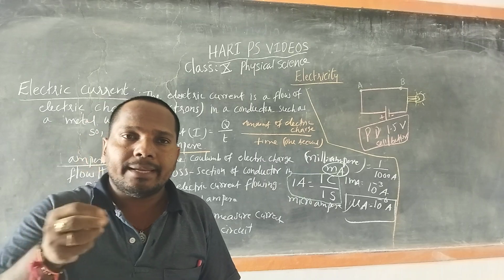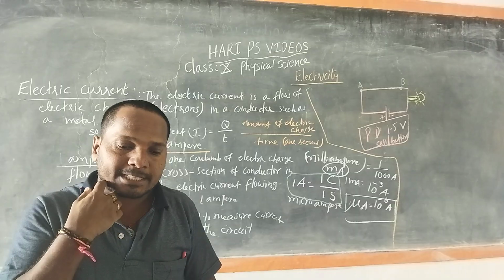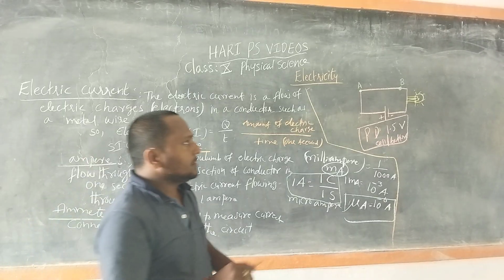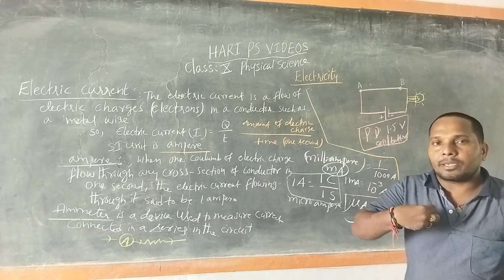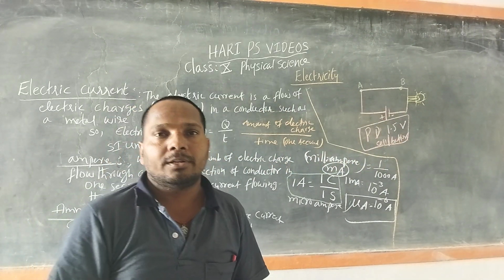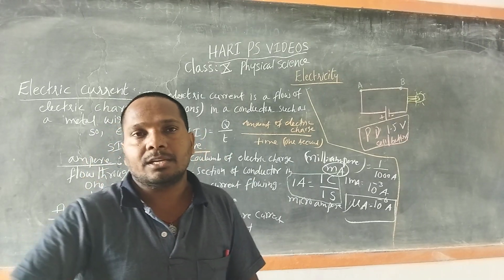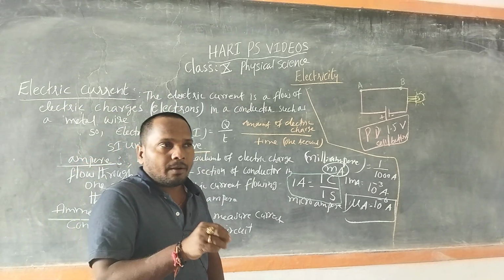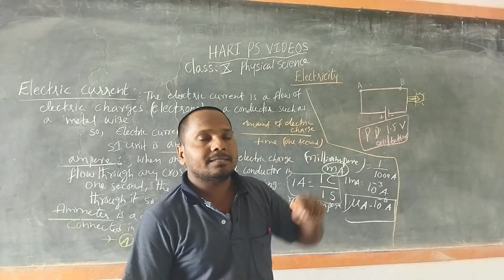Here, in order to maintain the current in the circuit, the cell has to expend the chemical energy stored in it. So, to maintain the flow of electric charges, a cell or a battery must contain some chemical energy. That chemical energy must be converted into electrical energy, and then the flow of electric charges takes place in the circuit, and a potential difference is maintained continuously. Due to the potential difference across the ends of the conductor, here the bulb acts as a conductor.